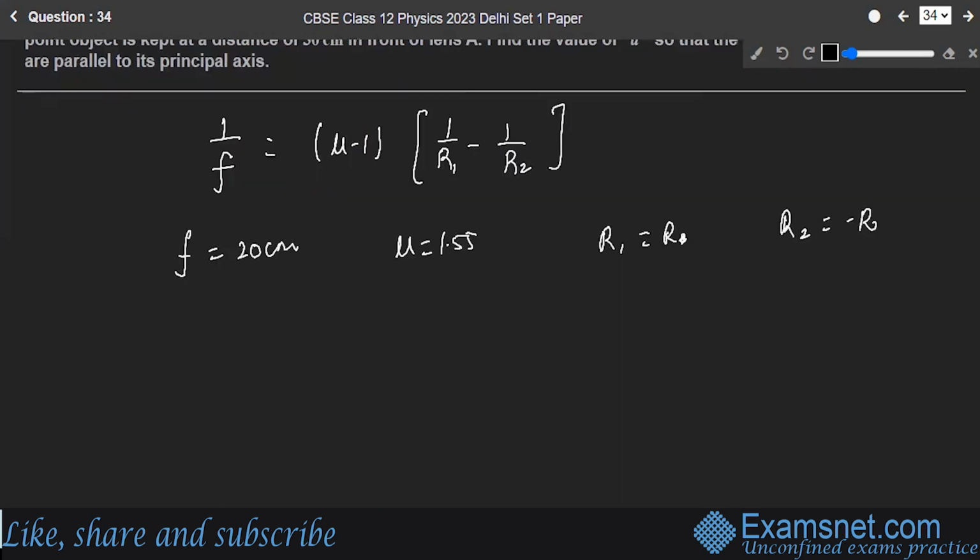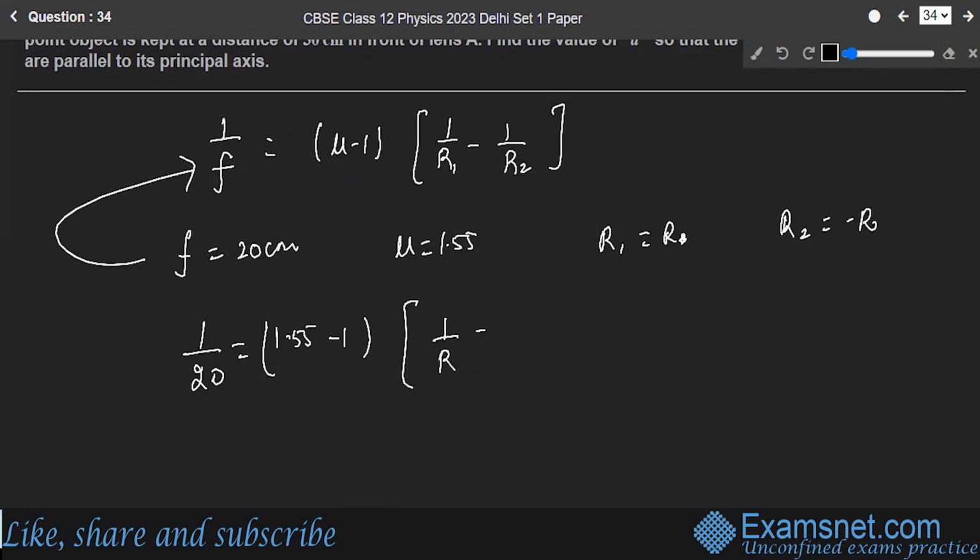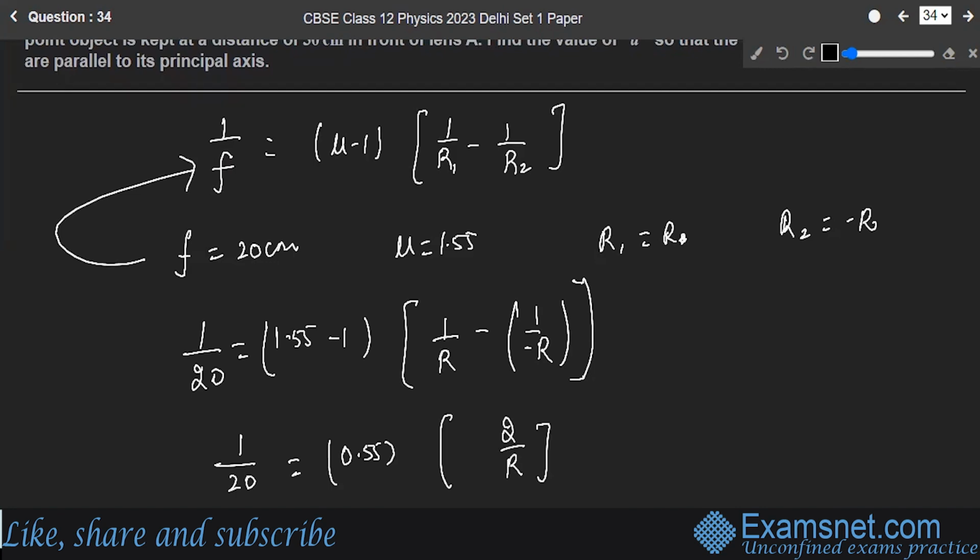Now let's fill everything in this equation. You have 1 upon 20 is equal to (1.55 minus 1) times (1 upon r minus 1 upon minus r). So this makes 1 upon 20 is equal to 0.55 times (1 upon r plus 1 upon r), that will be 2 upon r.